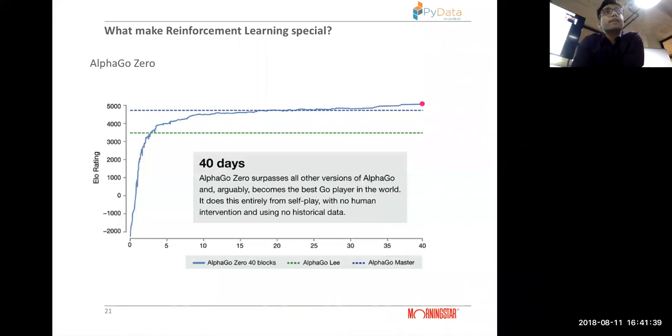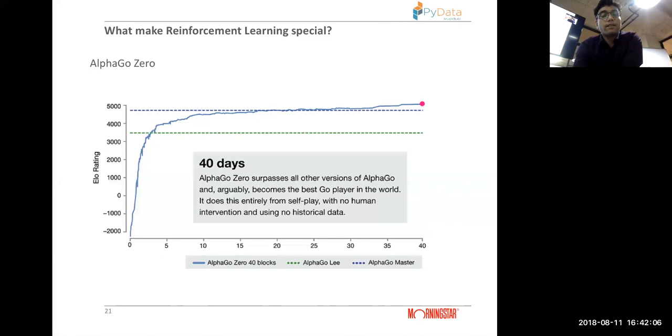So they took the best strategy data and trained a deep learning model over it. And once the algorithm was trained, they spawned two algorithms and allowed them to do self-play. So the algorithm was playing with itself, and it reached a particular level of ELO rating by which it was able to beat Lee Sedol.